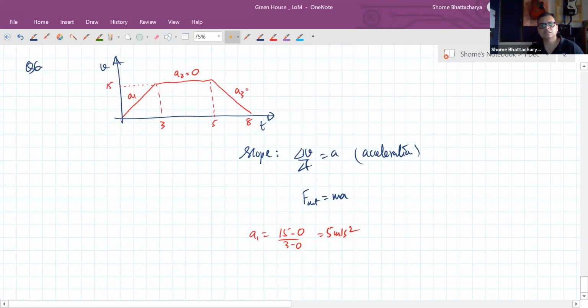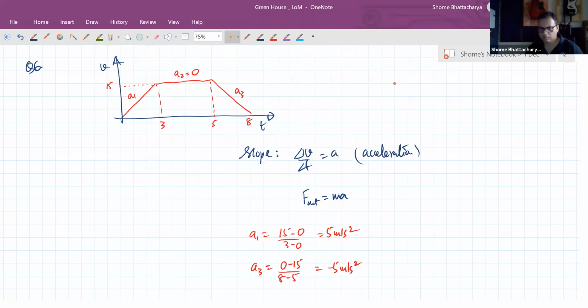So a3 will be 0 minus 15 upon 8 minus 5, so it will be minus 5 meters per second square. So these are the accelerations. Is this clear, Shweta, how to calculate the acceleration from the graph? Then you just apply Newton's second law once you know the acceleration multiplied with mass, so you will get the force.